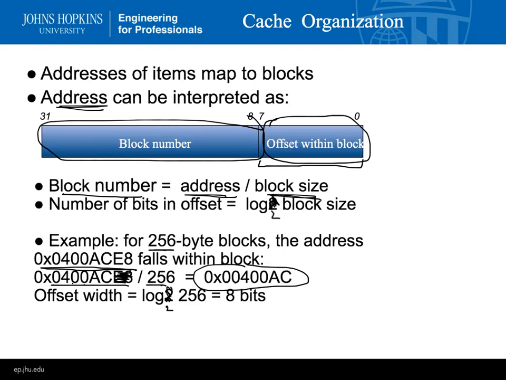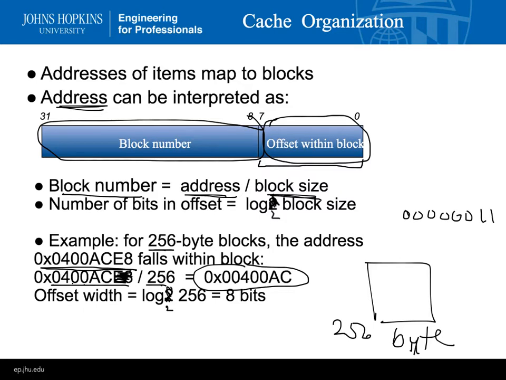So if I'm looking for an address, say in this 256 byte block, and I'm looking for a particular byte, and the lower 8 bits say I'm looking for byte 3 in this block, then I go to 0, 1, 2, 3.